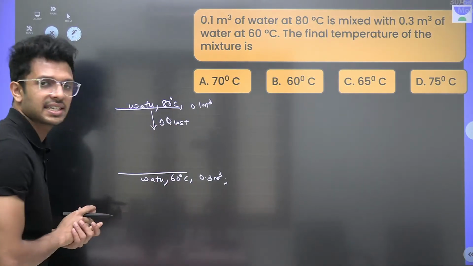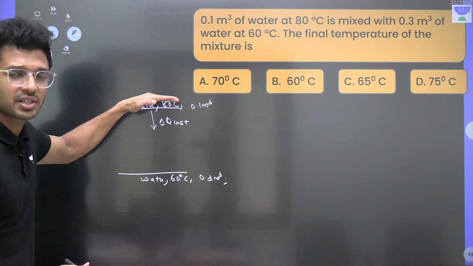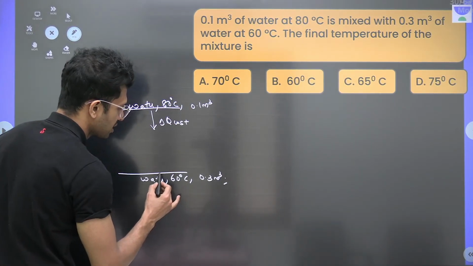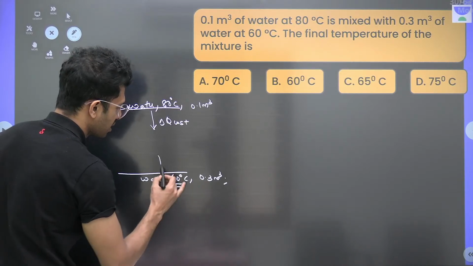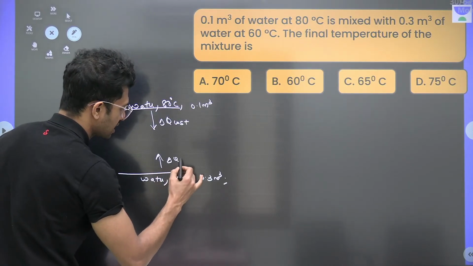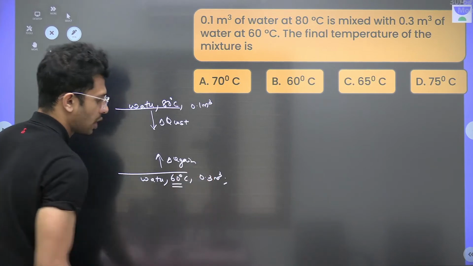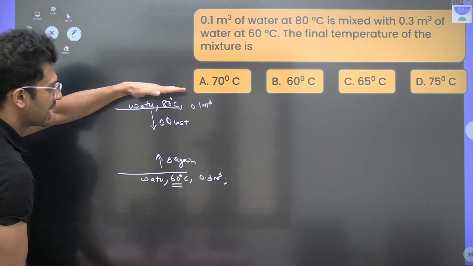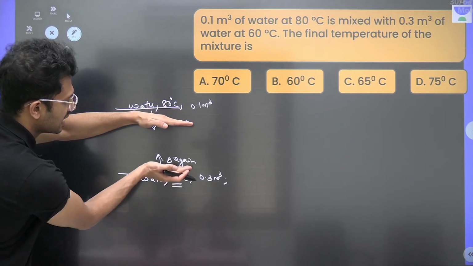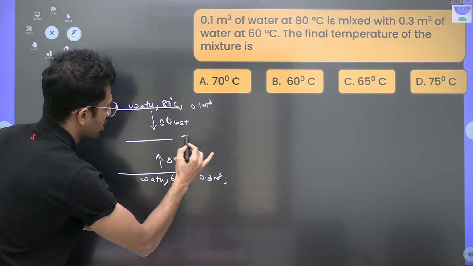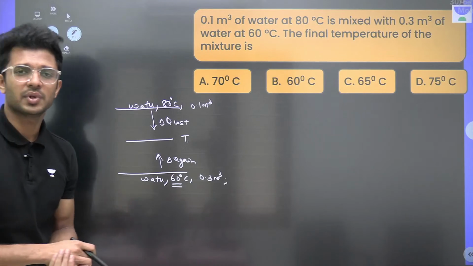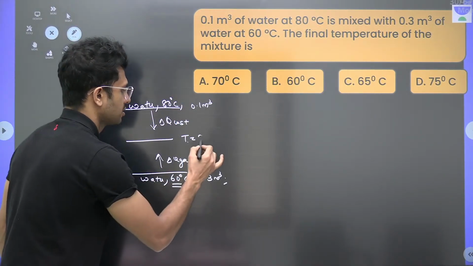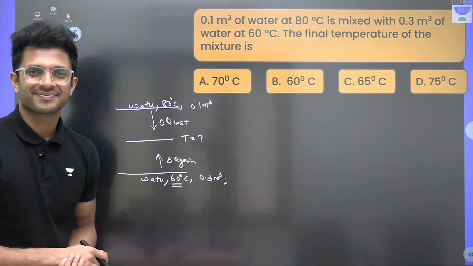As heat energy is lost from this high temperature body, the temperature will reduce. At the same time, this water at lower temperature will gain heat energy, so its temperature will start increasing from 60. The upper one's temperature decreases, the lower one's increases until both achieve a common temperature, which is T. And the question is to find this common temperature.